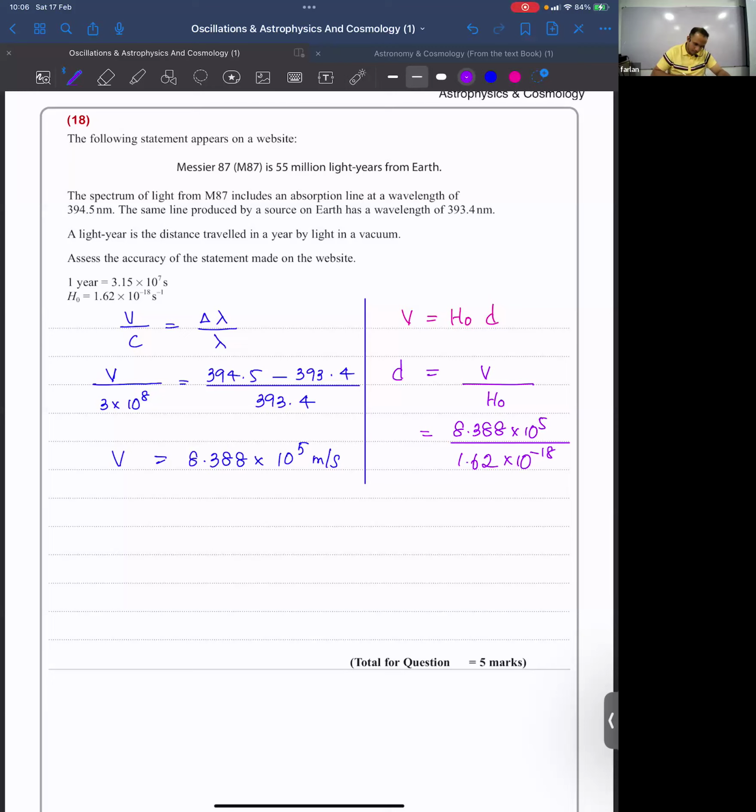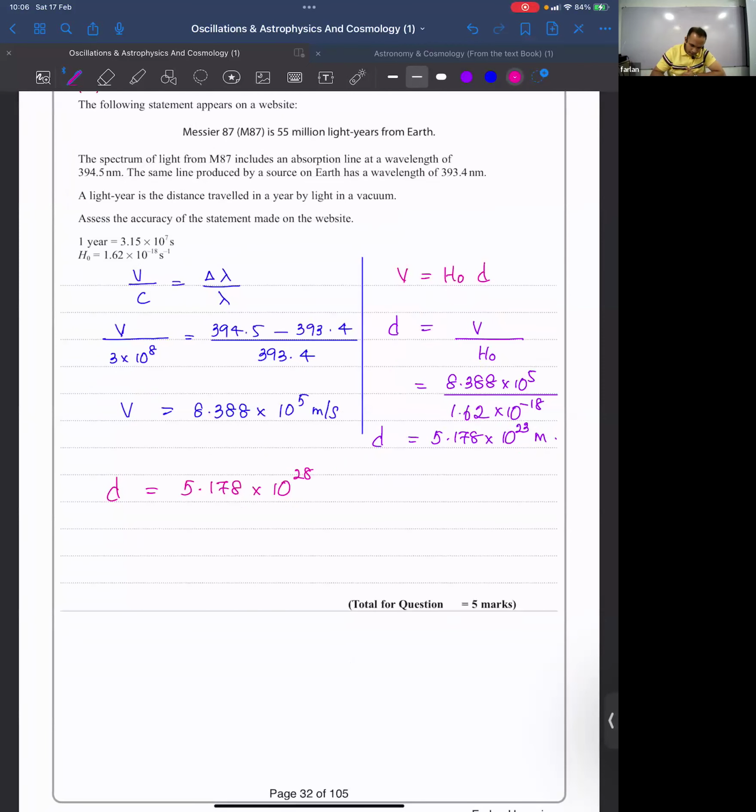Converting the wavelength. No need, it's a ratio anyway, so the conversion cancels out. Yeah, wait.